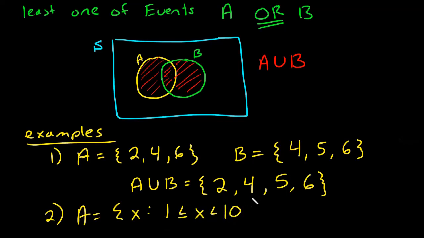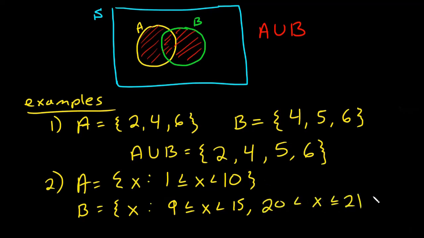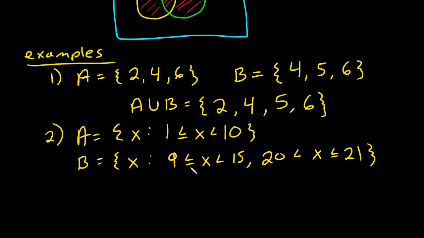And suppose B is the set of all x such that x is greater than or equal to 9 and less than 15, and x is greater than 20 and less than or equal to 21. For these type of problems, I think it's really helpful to draw out a number line.